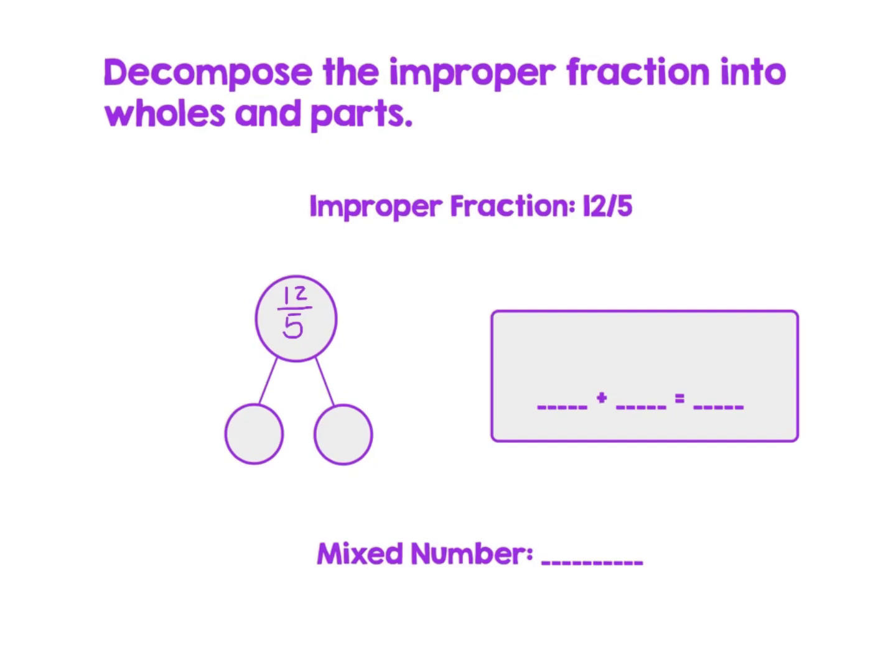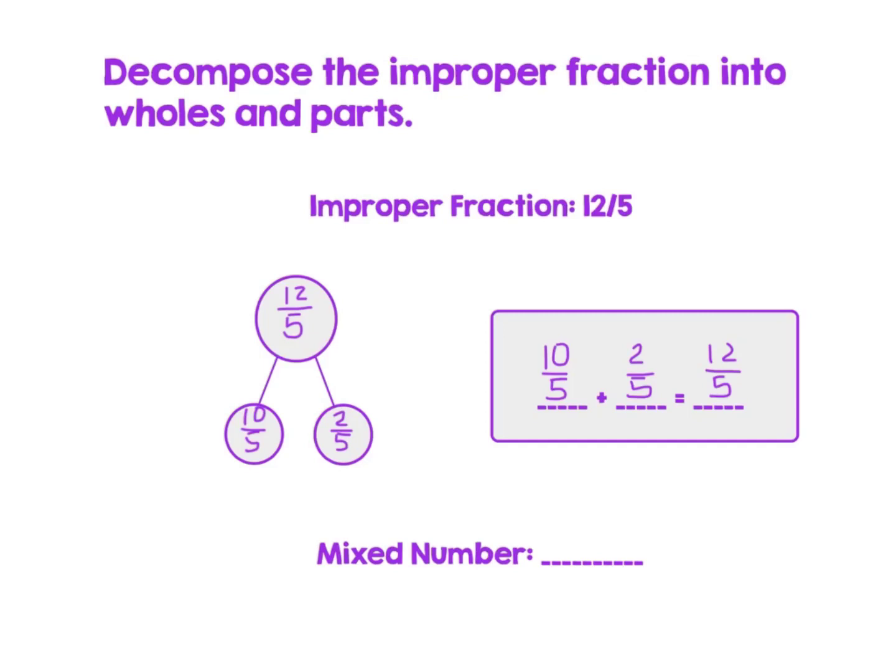I know in 12 fifths, I actually can show 10 fifths and 2 fifths. And I can show that in an addition sentence by saying 10 fifths plus 2 fifths is the same as 12 fifths.